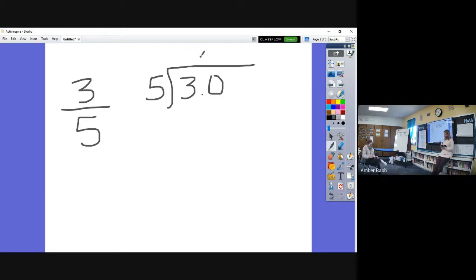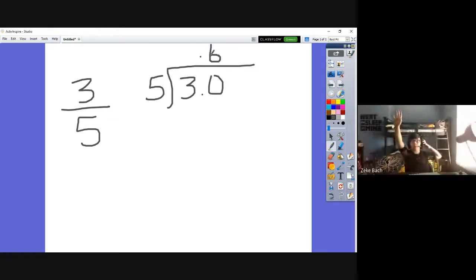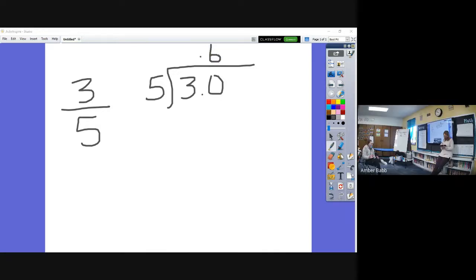Yes, you got it, Zeke, Josie. It's just 6 tenths. All right, so 6 tenths. Good, guys. Because 5 times 6 is 30, so I would subtract that out and get a 0. There we go.